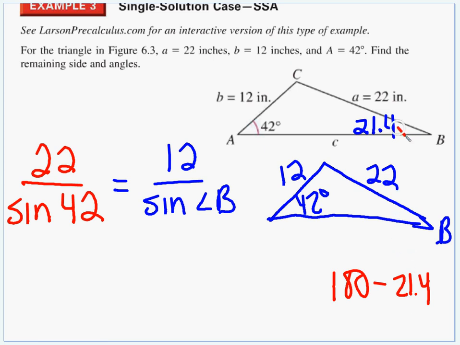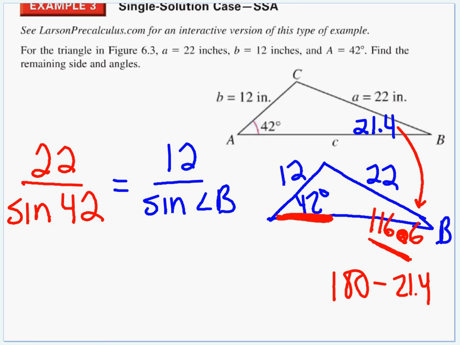So I'm going to do 180 minus this angle B. That's this other angle B. So I'm going to write in there 116.6. Now look at this blue triangle I've drawn. The angle they gave us was 42, and we're saying this over here is going to be 116.6.